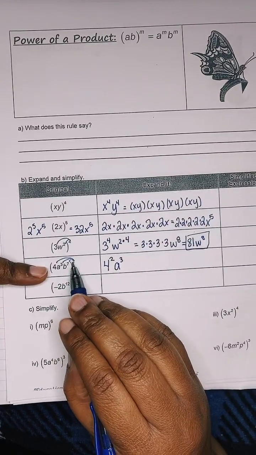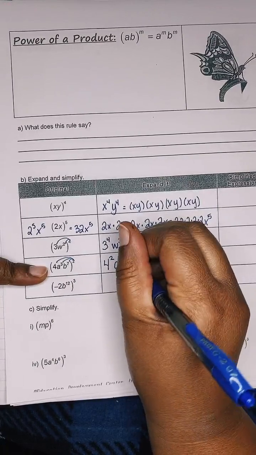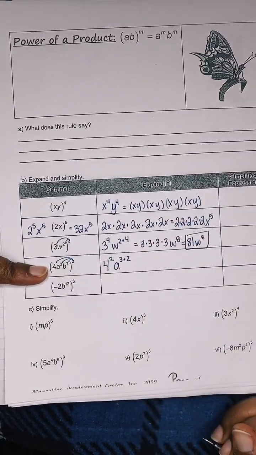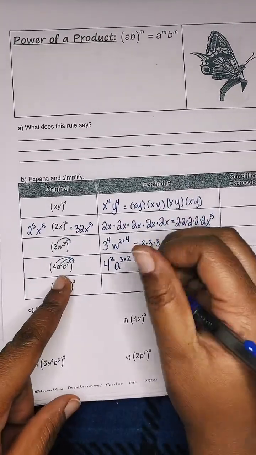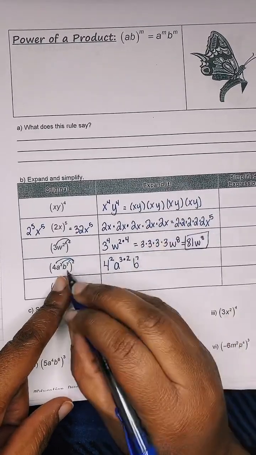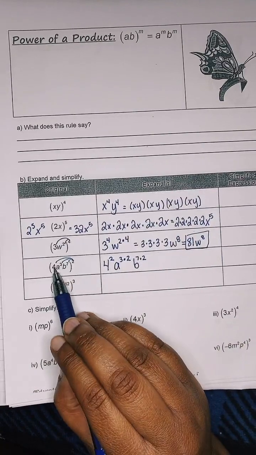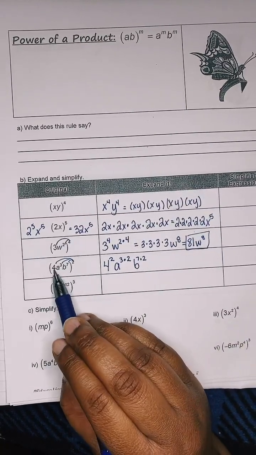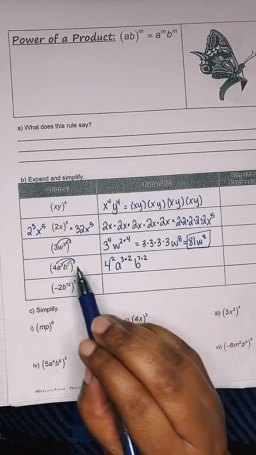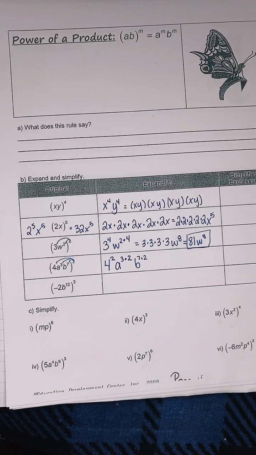But remember, we have a power on a power, so I'm going to put times 2. Now I have this B to the 7th that has a 7 on it. I have to times it by 2. Every single piece, every single item gets that 2 attached to it. I hope that's making sense, okay?